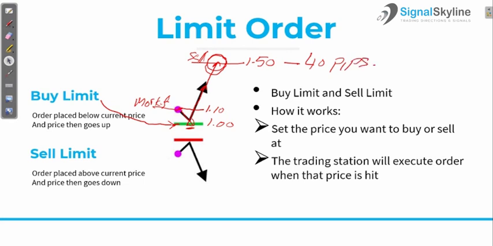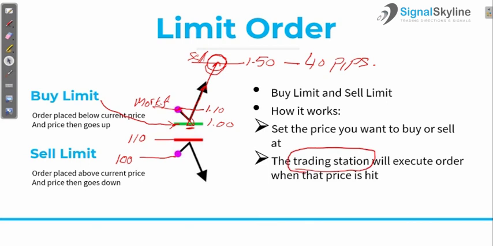Same thing with the sell. Now the market is hovering around here, for example, around 100, but you don't like this 100 price. You're saying, no, I would like to sell when it comes to 110. So you place an order on your trade station. Every trade station will give you the option to do limit orders, entry or future orders.